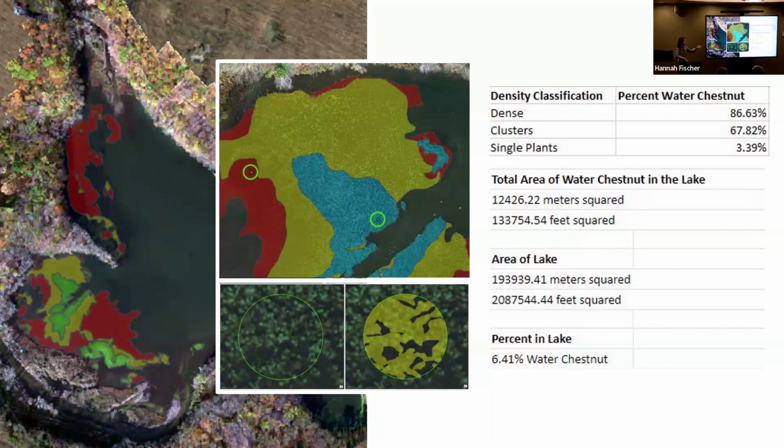So it's really cool. This is training data that's actually going to go into an AI model. We are looking, I think, at 5 different invasive aquatic species in Vermont. We've done over 400 flights over the past few years, which is really exciting. And we have folks that are classifying what's water chestnut, what's just water. And then we're going to be able to create this AI model.